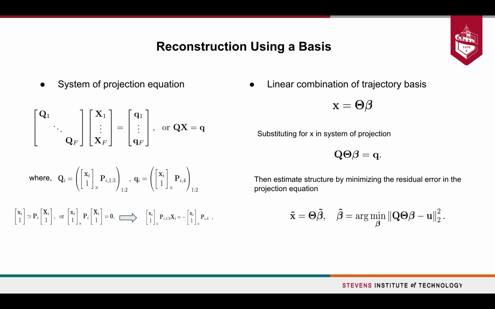Then, with X expressed on the trajectory basis, they try to minimize the projection error in the previous equation, and by minimizing it, the only unknown is the coefficients. So by minimizing this equation, they reconstruct the structure.